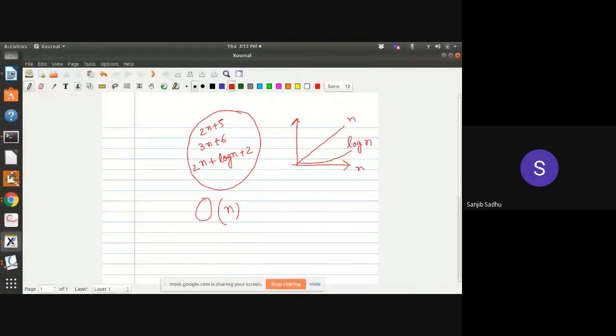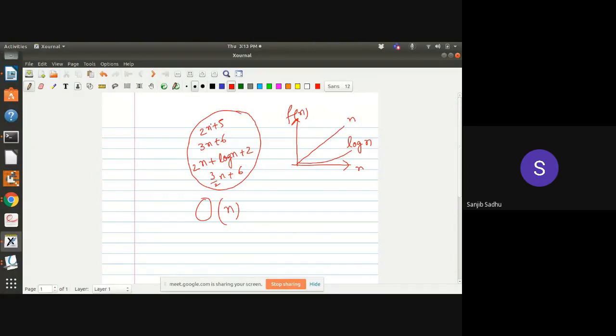So automatically n is larger. So in this case, 2n plus log n plus 2 will be big O of n. Similarly, there will be so many other functions that we are not writing. It can be say 3 by 2 n plus 6, just like this. So there may be so many functions.